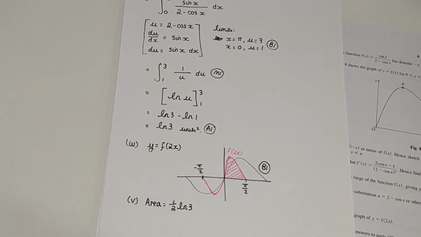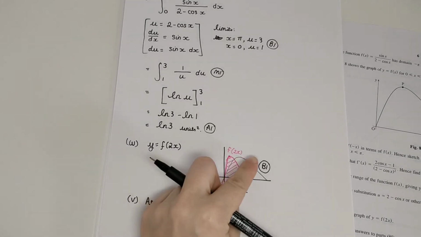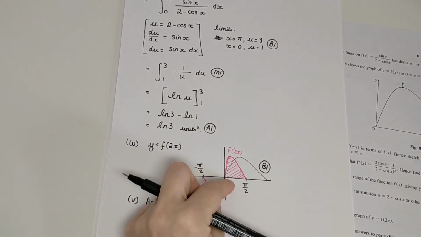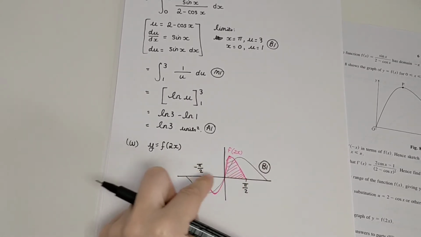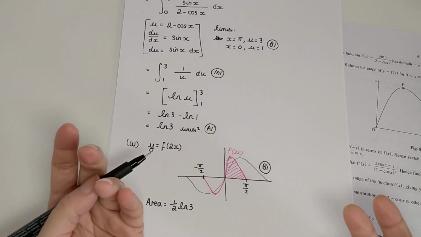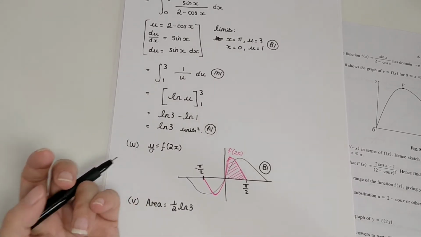It just says graph showing evidence of stretch scale factor a half in x direction. So the fact that I had both on one picture gives evidence of a half, but if you hadn't drawn the original on the picture, then you would definitely need to put the x coordinates, otherwise how do they know that you've halved it?